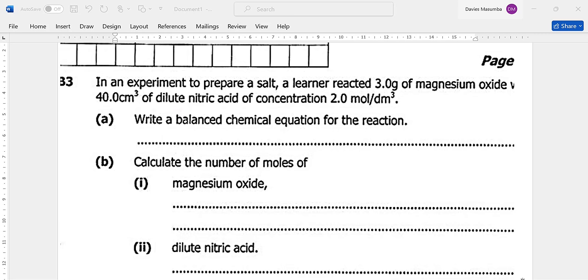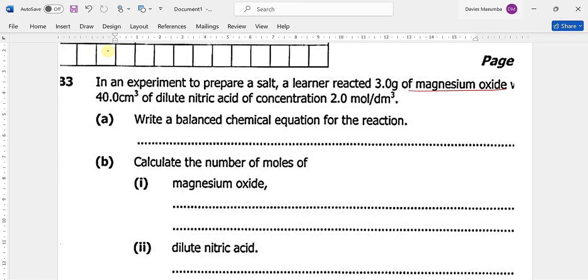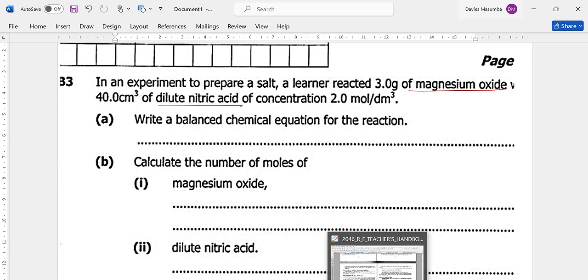Then they are saying write a balanced chemical equation for the reaction. So we need to write a balanced chemical equation for the reaction between magnesium oxide and the dilute nitric acid.